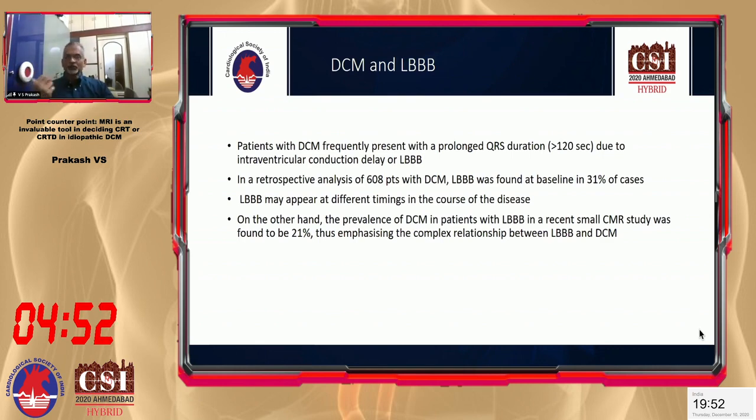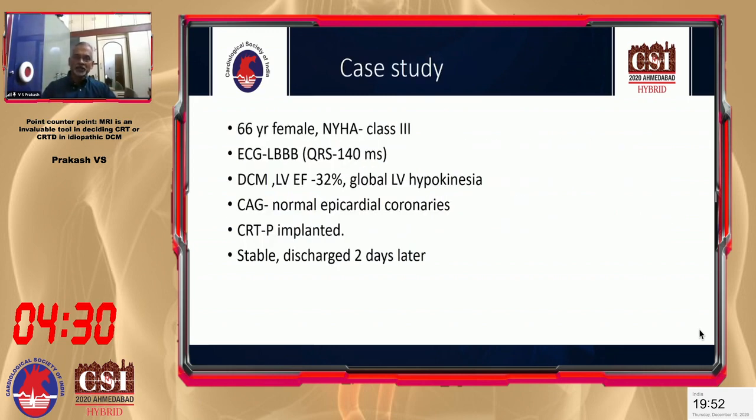LBBB may appear at different times in the course of the disease. And in DCM with LBBB, again in a small study, they found that 21% of LBBB patients could have DCM. So it's a complex association between DCM and LBBB, not as simple as LBBB-induced cardiomyopathy, which is a very narrow spectrum of patients. We are implanting CRT or CRT-D in a wide spectrum of cardiomyopathies with bundle branch block.